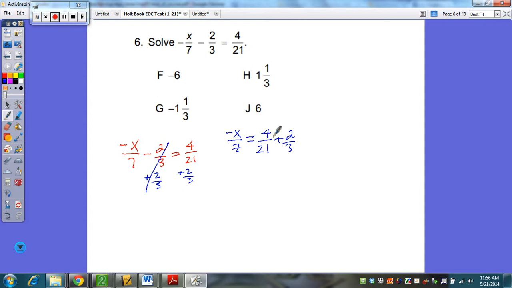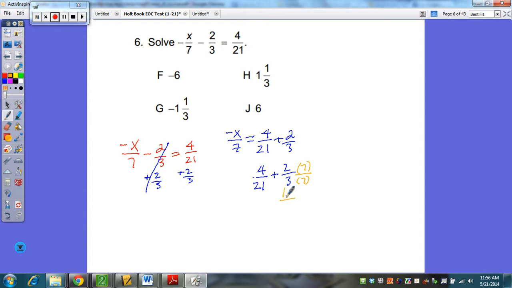Now, in order to add the fractions, we need common denominators. My least common multiple of 21 and 3 is 21. So my common denominator is going to be 21, so we can leave this alone. And then we're going to multiply the top and the bottom by 7, so I can get the common denominator of 21 here.